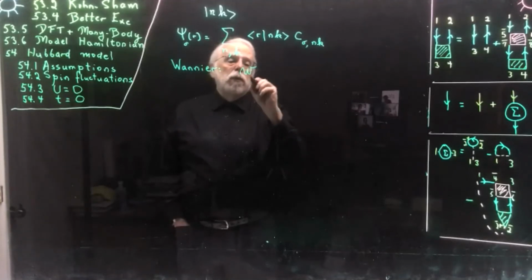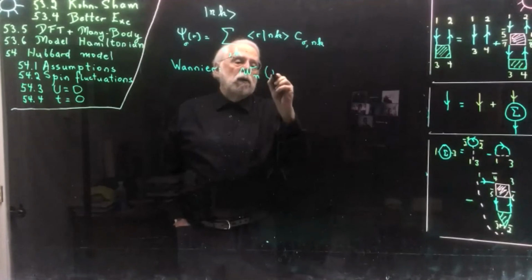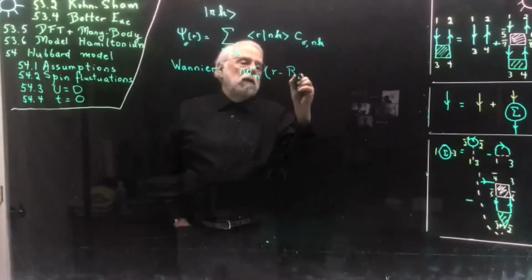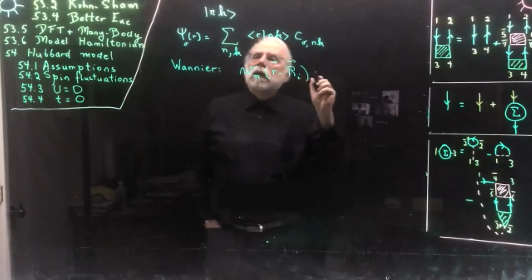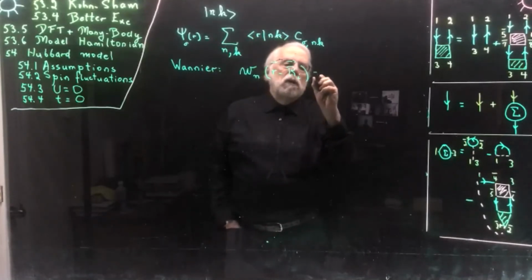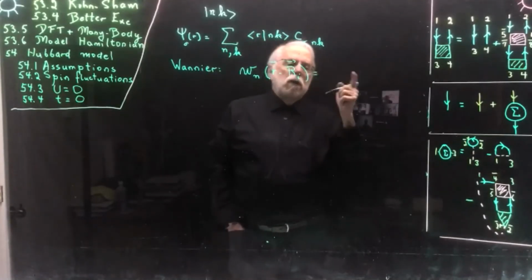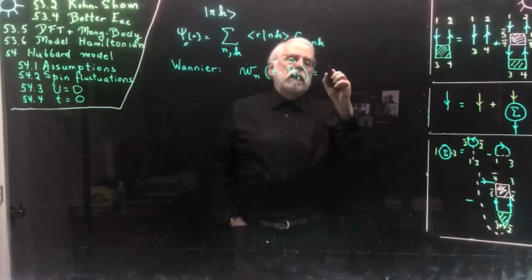The Wannier function for band n, at location r, located at site R_i, is just equal to the Fourier transform of this.